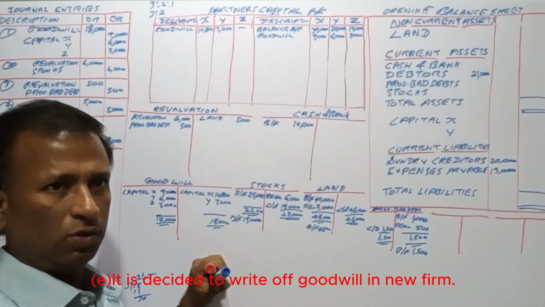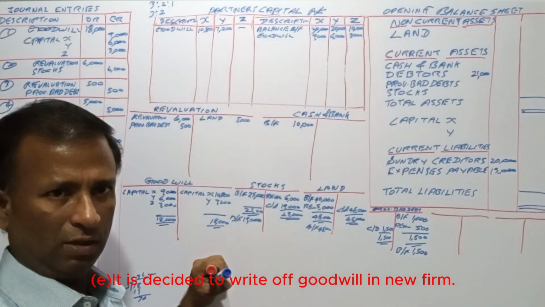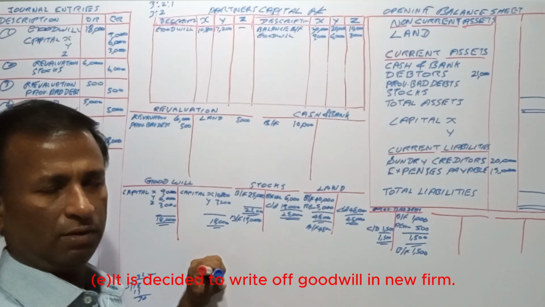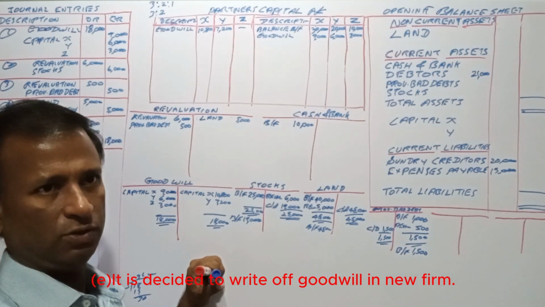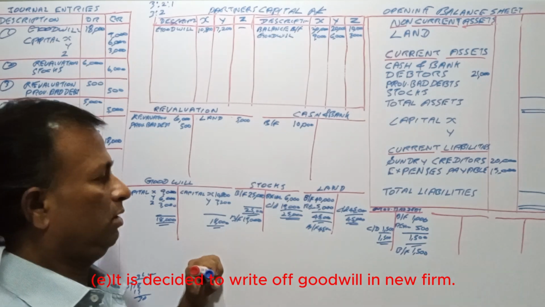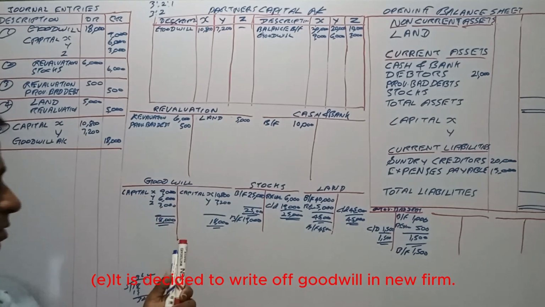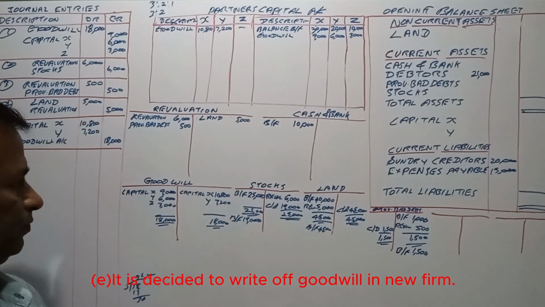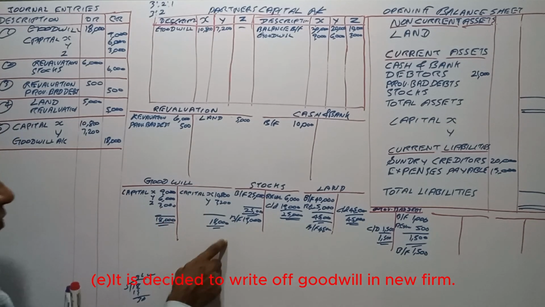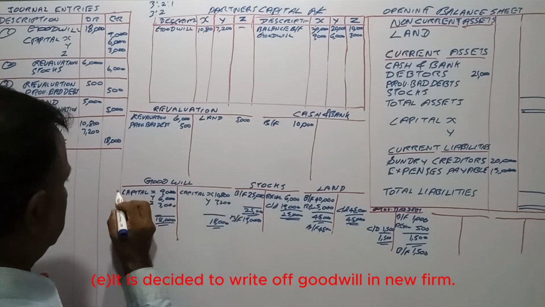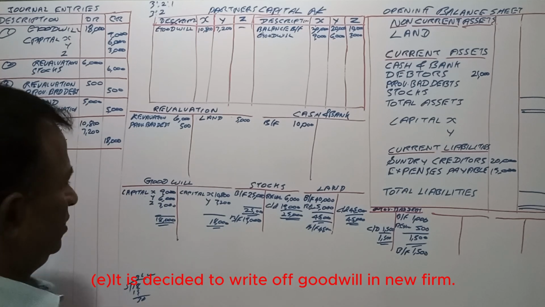When you write off the goodwill, you have to exclude the retiring partner. Then you will get the current partners, who have to be debited. This entry is for writing off, and this entry is for creating.